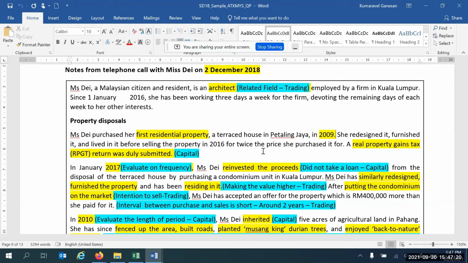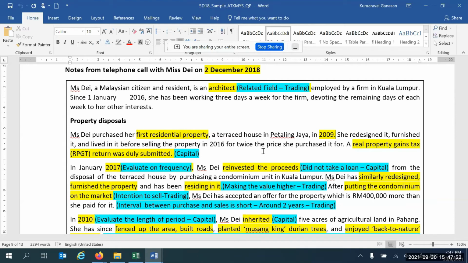After putting the condominium on the market, you see, there are hidden pieces of info here. After putting the condominium in the market, there is an intention to sell, which is trading. That means she offered to sell it.